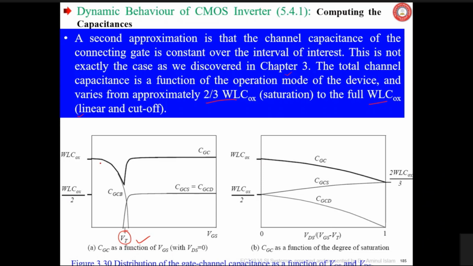And when it is off or in saturation region, or you can think of here also, when VDS by VGS minus VT, this ratio is 1, meaning the MOSFET is in saturation region, then the capacitance value CGS equals two-thirds of COX into WL.